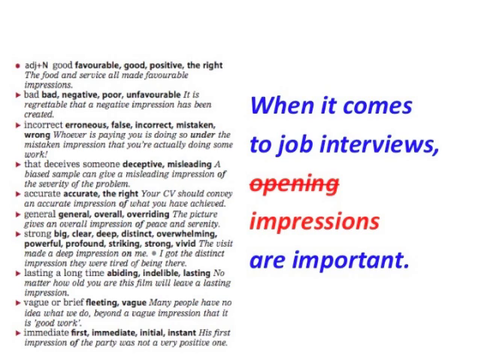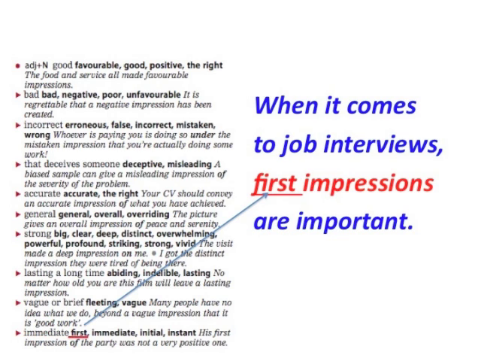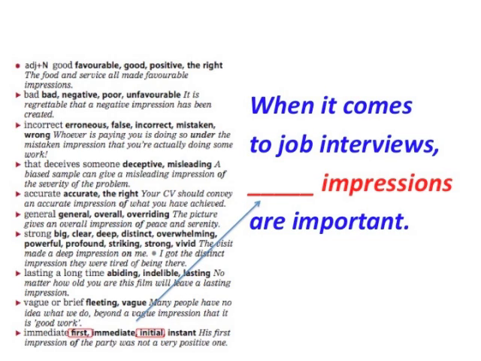So based on the meaning, I think we know the right collocations for the sentence. So we can say first impressions, or we can say initial impressions. As you can see, we have a number of adjective collocation choices for this word, but first and initial probably sound best for this particular sentence.